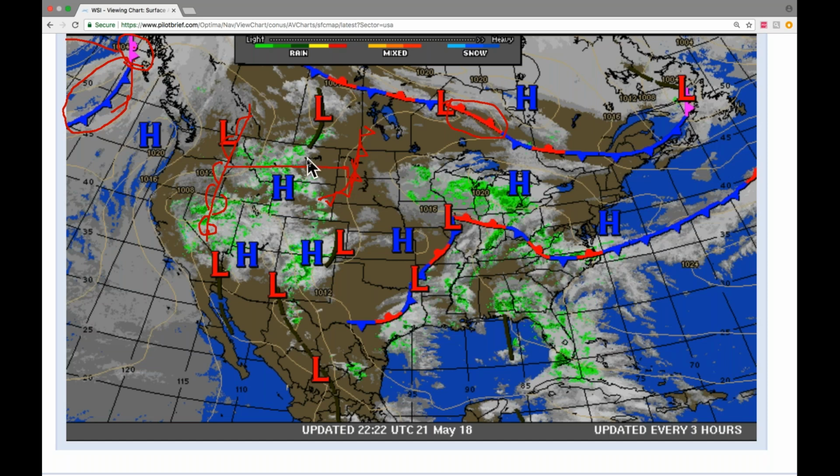Okay. We'll talk a little bit more in just a second about what the occluded front does, but yeah, that's a pretty basic rundown of a surface chart here.